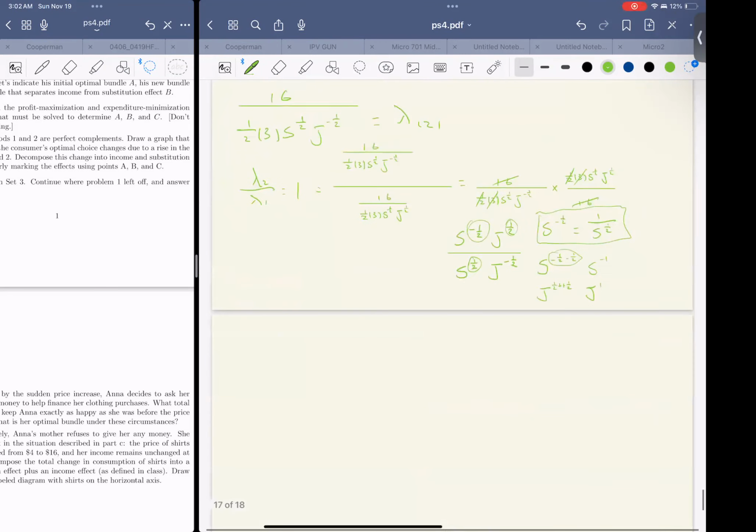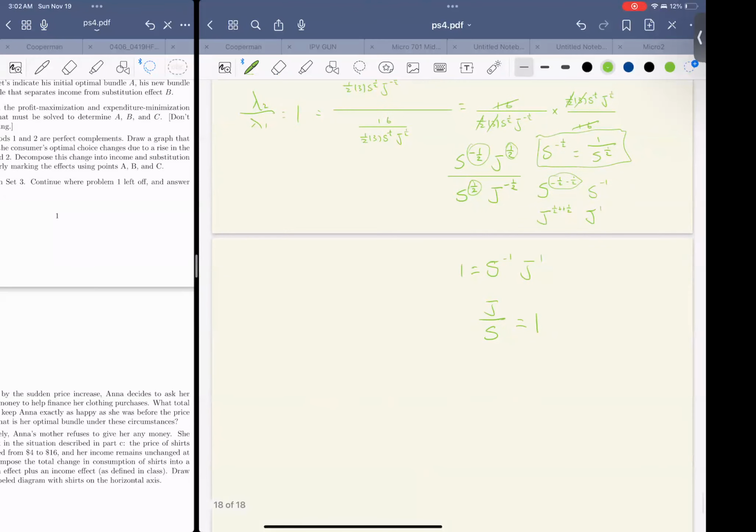So we still have 1 equals S^-1 J^1, which is J divided by S equals 1. So J equals S. This is the ratio.